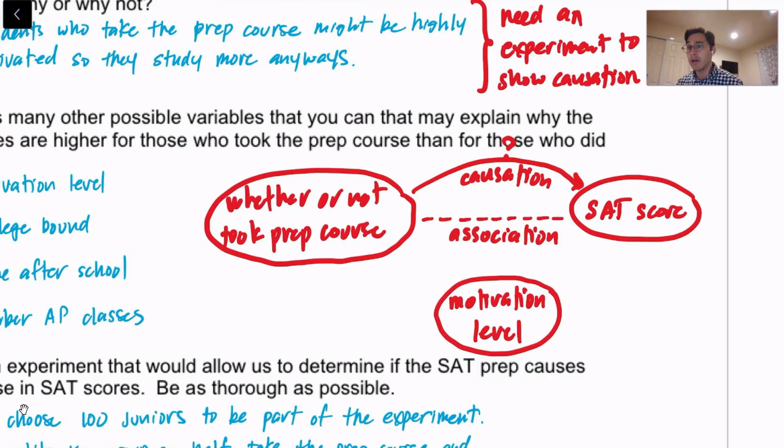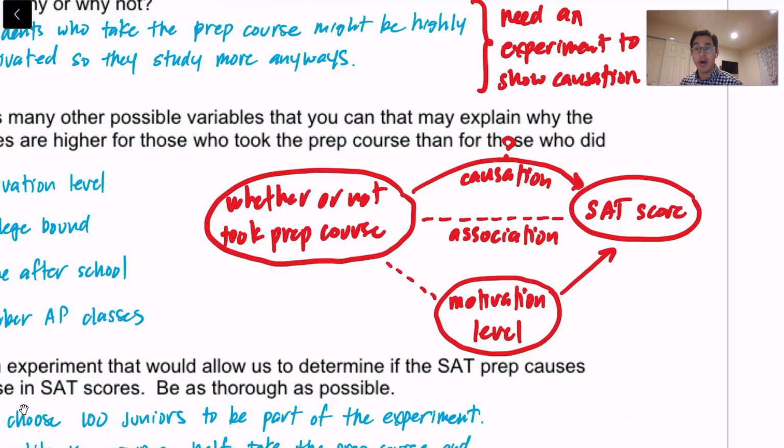So it's quite clear, it's kind of common sense, that a more motivated student is probably going to perform better than a less motivated student. And we also could imagine that if you are more motivated, that might make you more inclined to sign up for the course in the first place. So there's going to be an association between motivation level and taking the course.